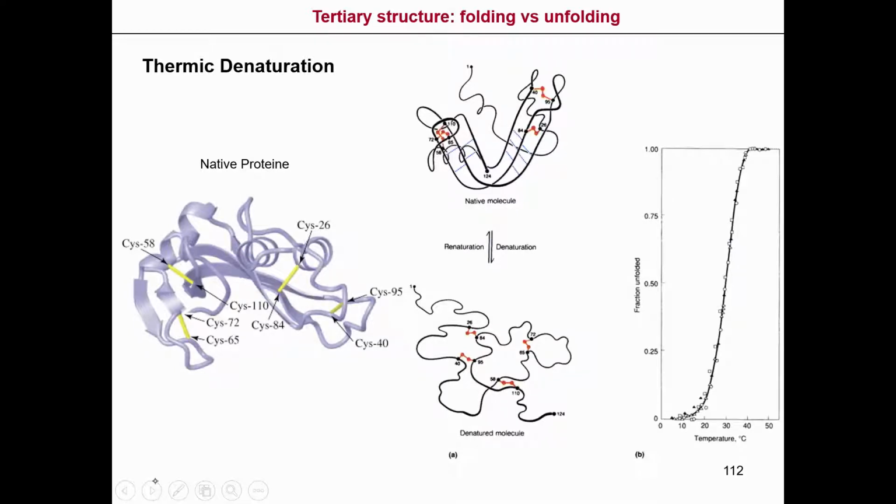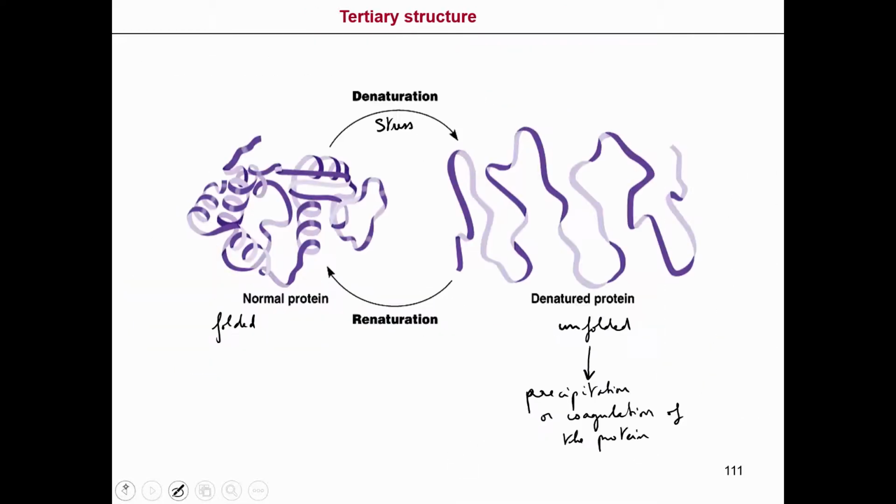So what is important? When you have denaturation and you can avoid the precipitation, we can have the reverse reaction. You can have the renaturation.